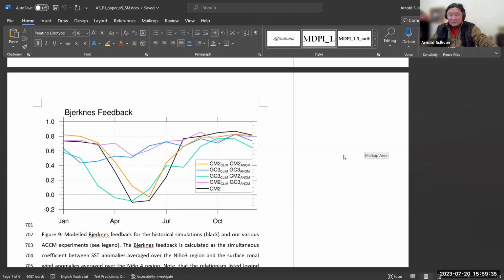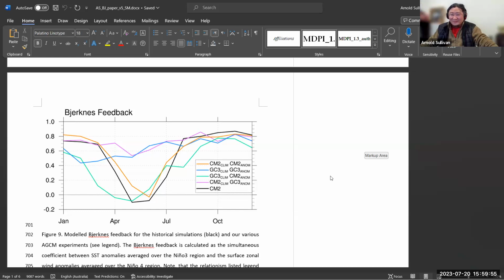But what is causing the model to be too regular? Have you tested that? It's one thing to shift the period, but also the period is very regular and not as chaotic as we observe it. What is causing that? I think that will be the next paper.